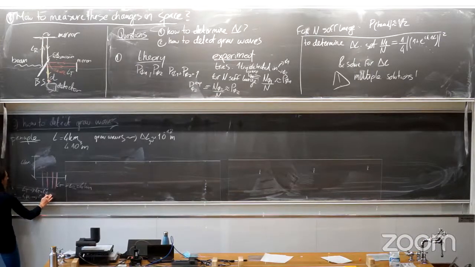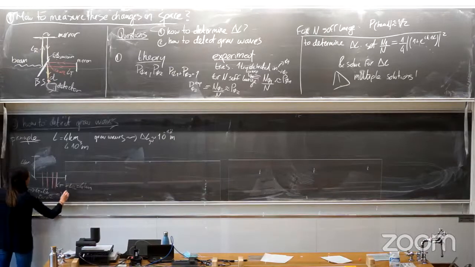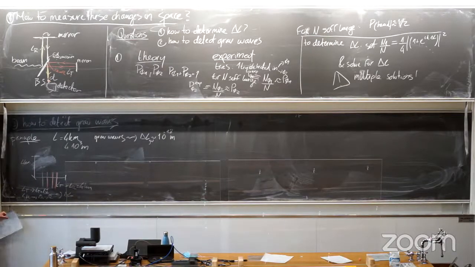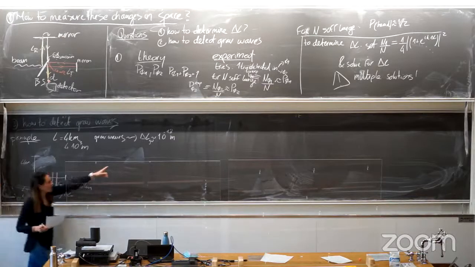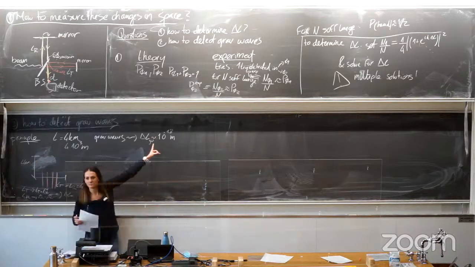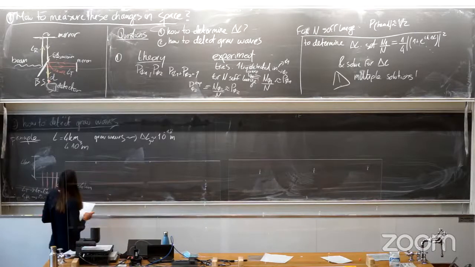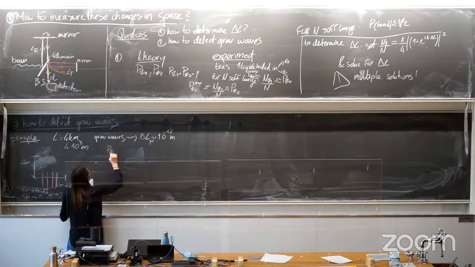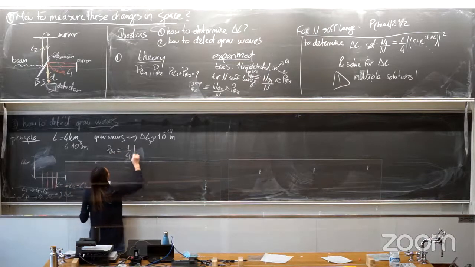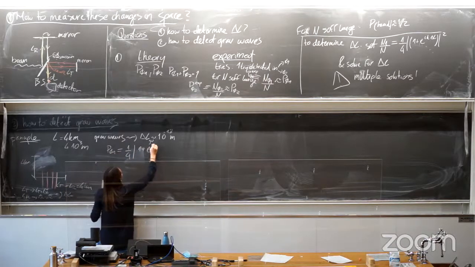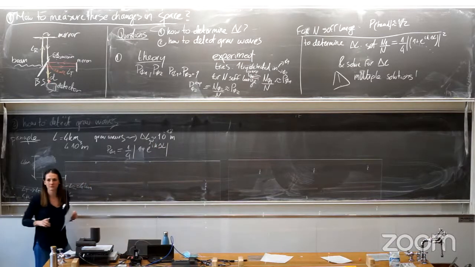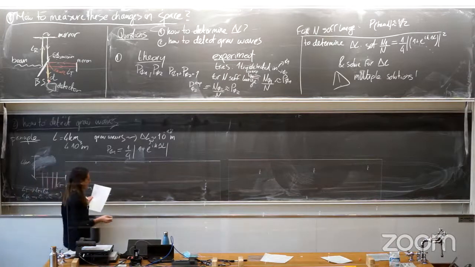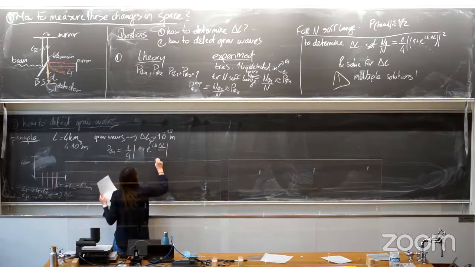We have a delta L, which is of the order of 10 to the minus 18. If we input it in what we found before, we had P of psi1 equal to 1/4 of 1 plus e to the i k delta L, and this is of the order of 10 to the minus 18.